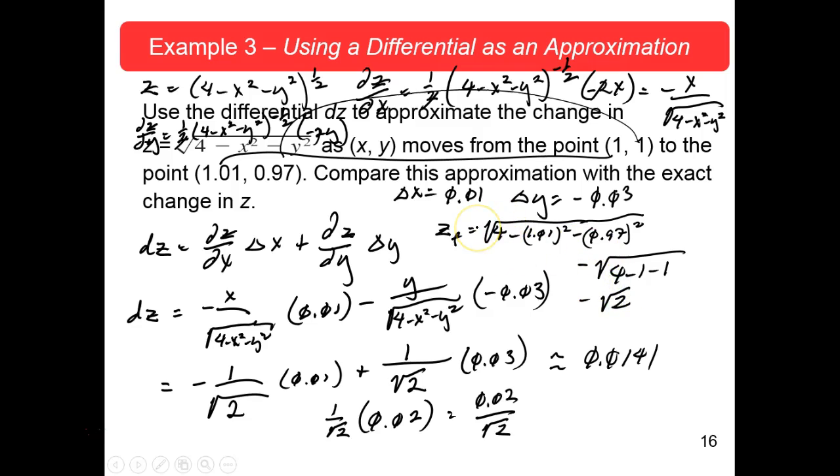Okay? So, you would, again, with your calculator, do this. If you do the square root key, open the parentheses, 1 minus 1.01 squared minus 0.97 squared, close your parentheses, minus root 2.